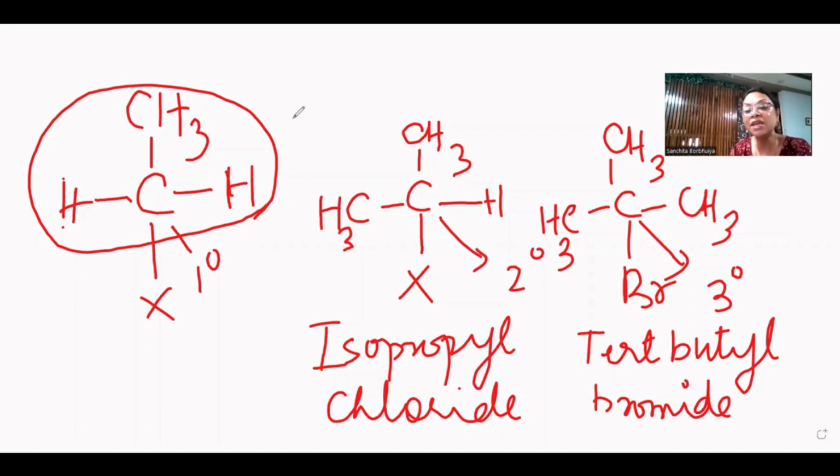This is just a training on common names. So this is tertiary butyl bromide where you have a 3-degree carbon. And why butyl? Because there are in total 1, 2, 3, 4 carbons. So do not go to IUPAC names. Just remember the carbons in totality is 4, hence tertiary butyl bromide.